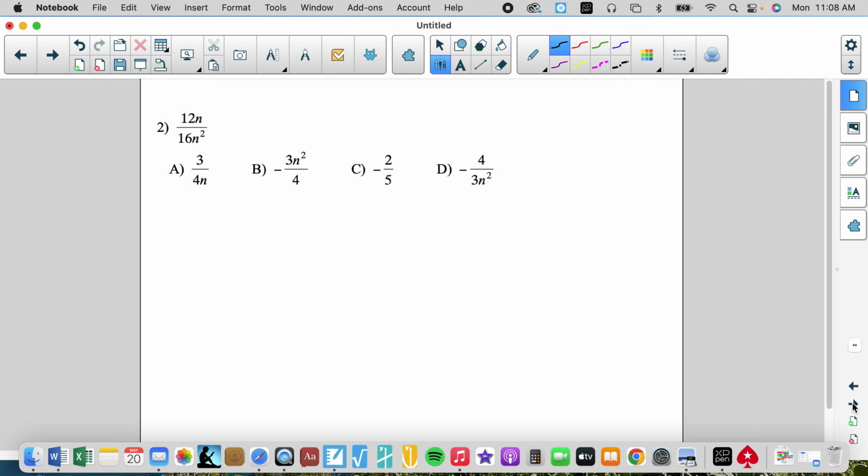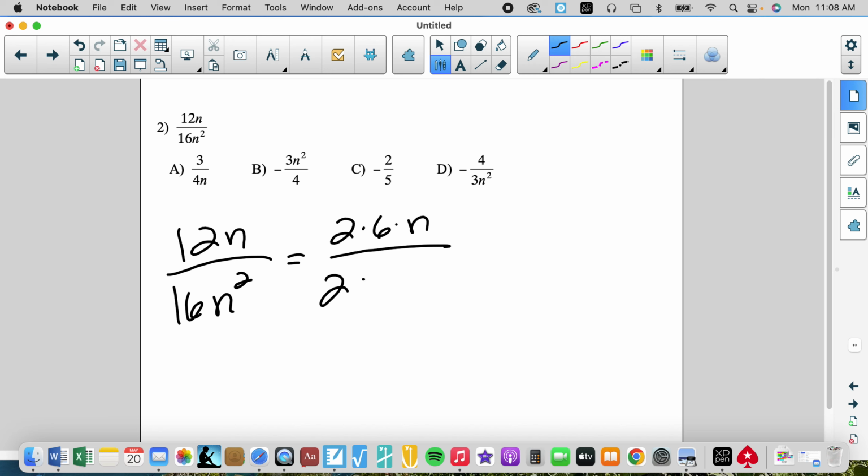All right, number 2, same thing. I'm going to have 12n over 16n squared. I'm going to look at that, and I'm going to see that I can make this 2 times 6 times n, and that could be 2 times 8 times n times n. The 2's are going to cancel to make 1. The n's are going to cancel to make 1.